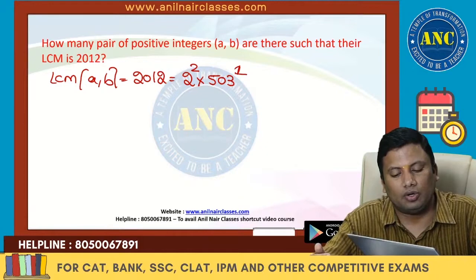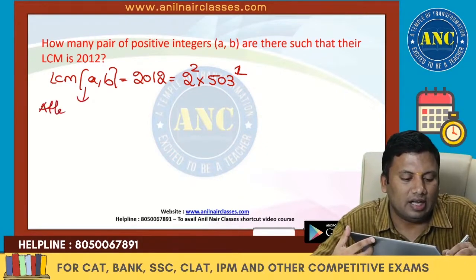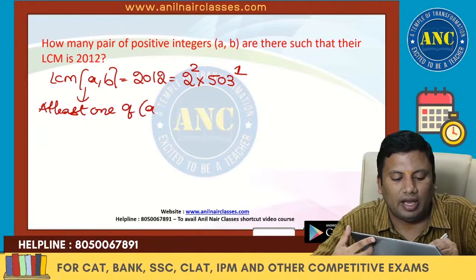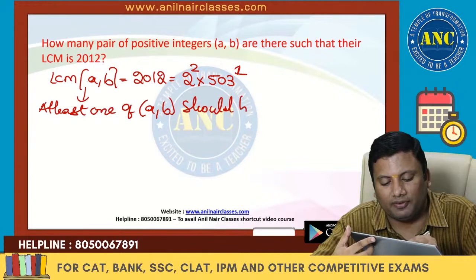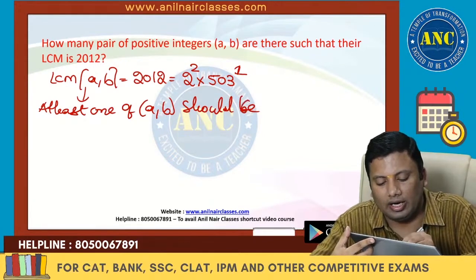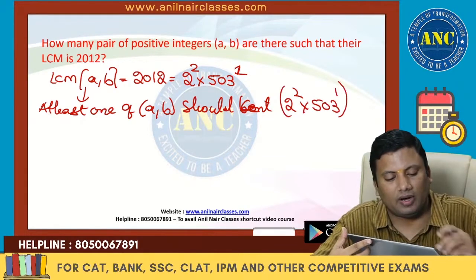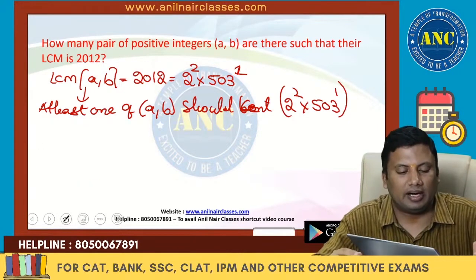That says that at least one of A comma B should contain 2 square into 503 power 1.